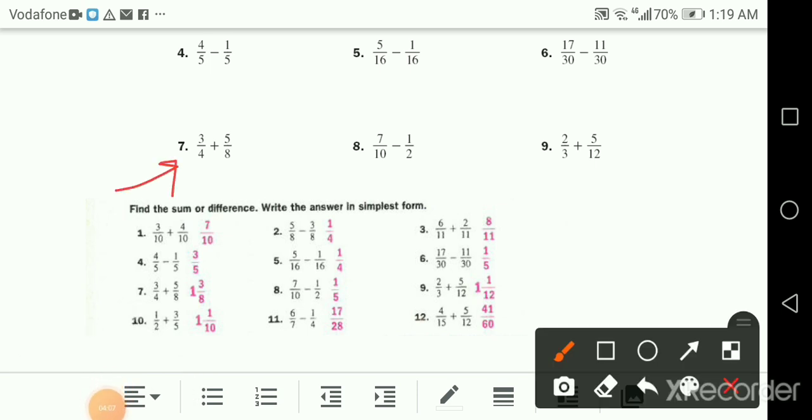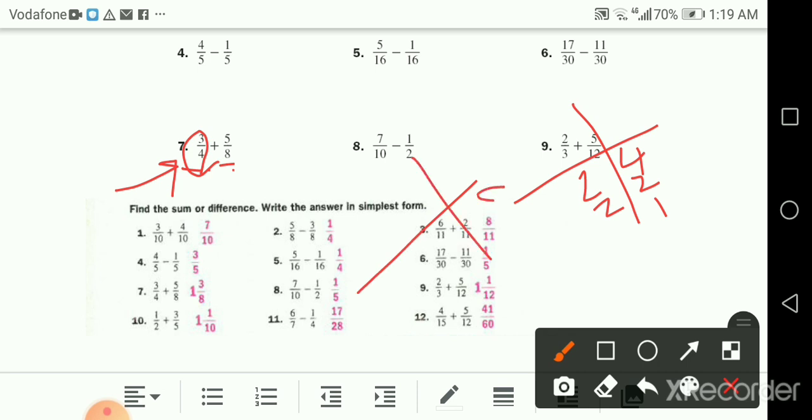As I told you, I make 4 and 8 with the same denominator, the LCM of them. It's very easy. How can I do it? I take 4 and 8. 4 divided by 2, 2 divided by 2, 1, and 8 divided by 2, 4 divided by 2, 2 divided by 2, 1.